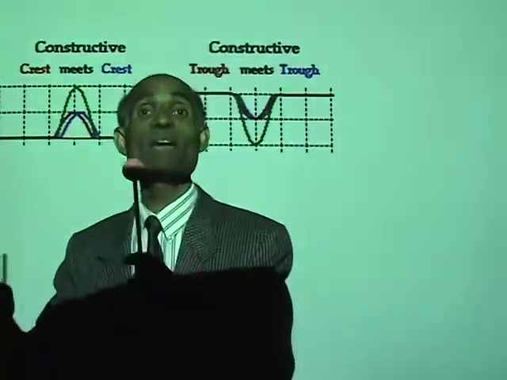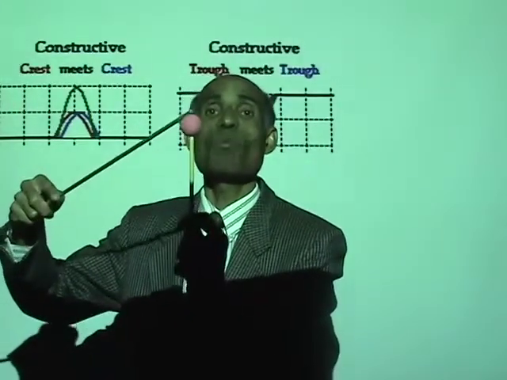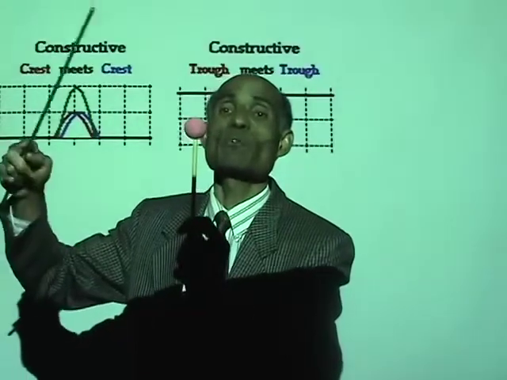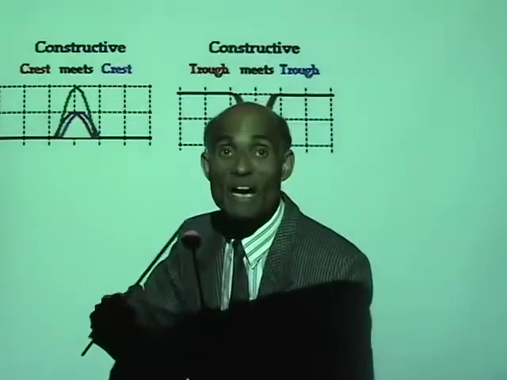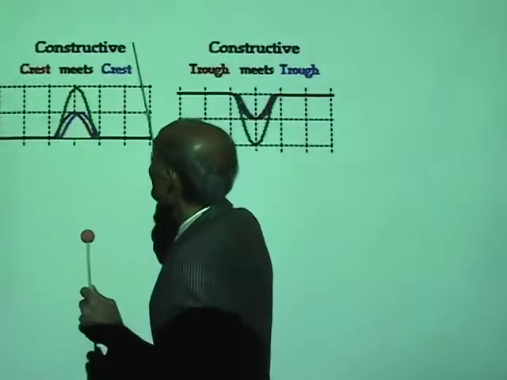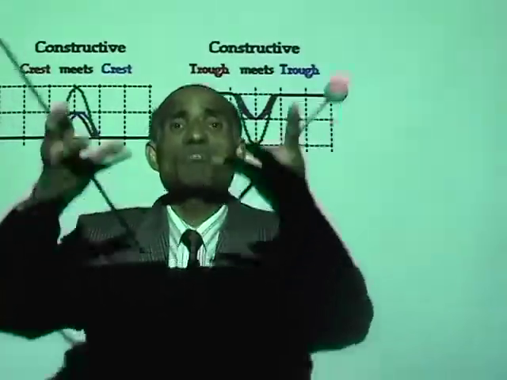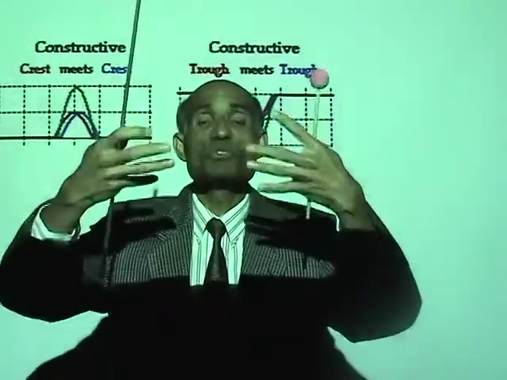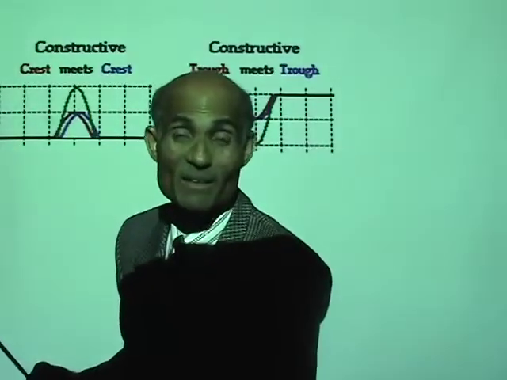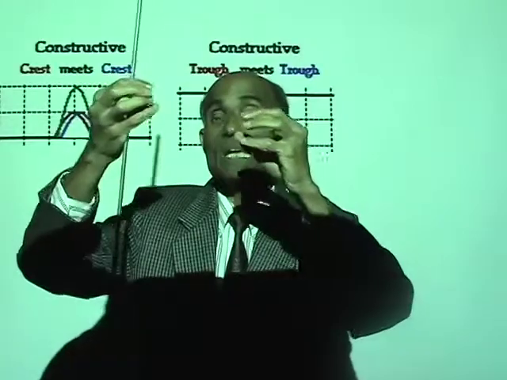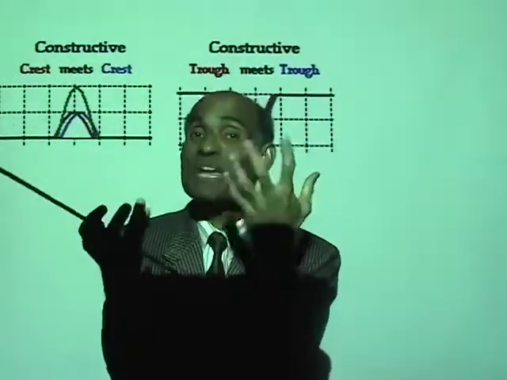So when two waves meet at one point, with compression of one wave falling on the compression of the other wave, they interfere constructively. It's called constructive interference. It means they reinforce each other. They produce a loud sound. Now, have you ever experienced that? If two sounds meet at a point in phase, you understand the meaning of in phase.